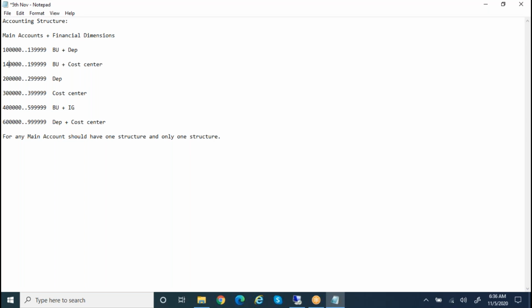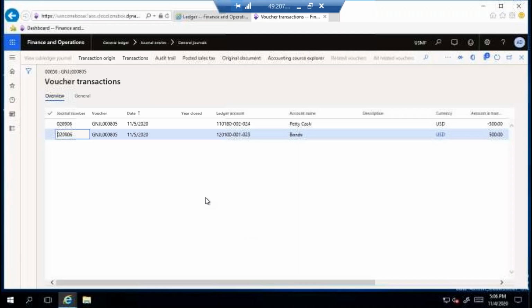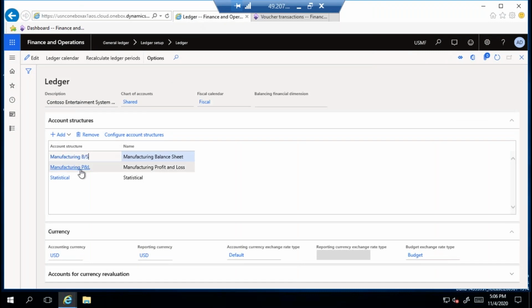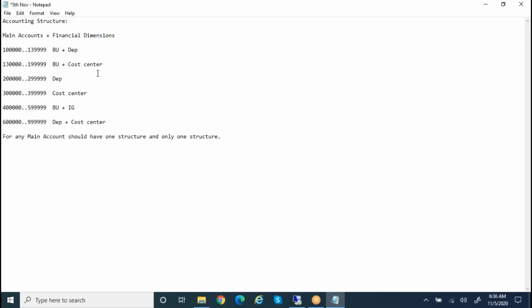Suppose 13000 is available in two structures, the system will be confused about which structure to execute. That is the reason whenever you click add in the ledger form, it will stop you and throw an error message that there is an overlap.